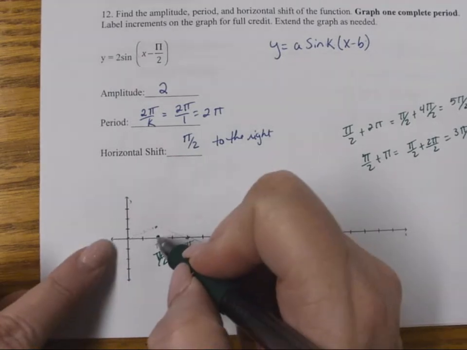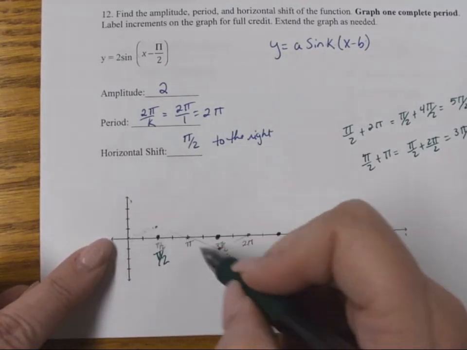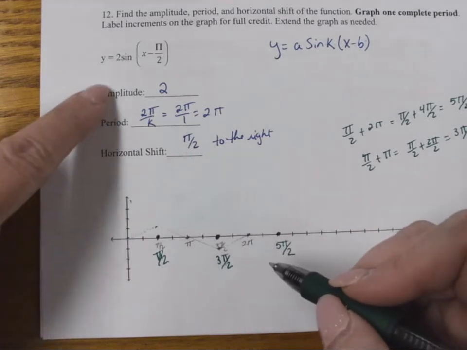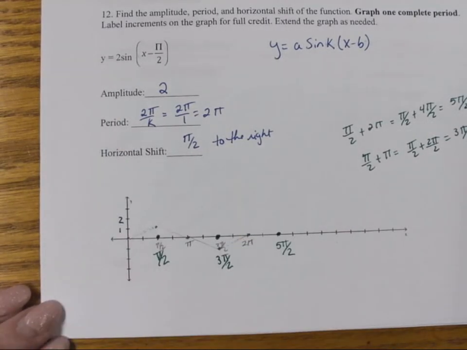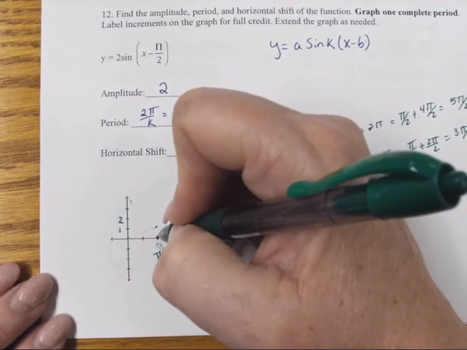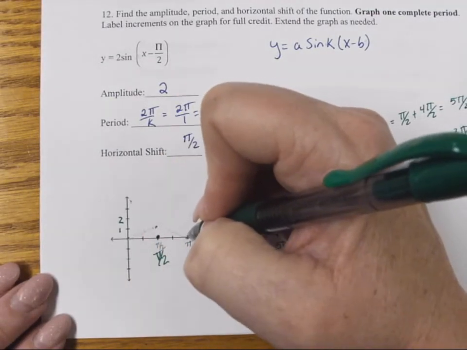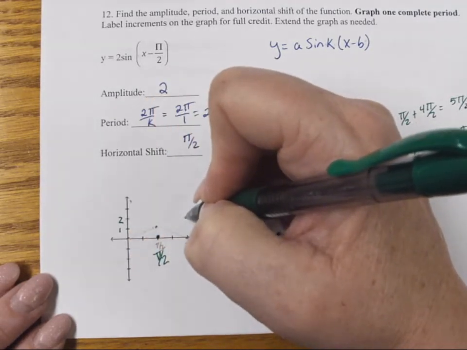We know we're going to start here, we're going to come up, cross here, come down, just like it did on the regular curve. But our amplitude is 2. So this was an amplitude of 1. We're choosing an amplitude of 2 at that spot. So we know we're going to start here, and at halfway in between, just like we did before, we're going to come up and hit 2.